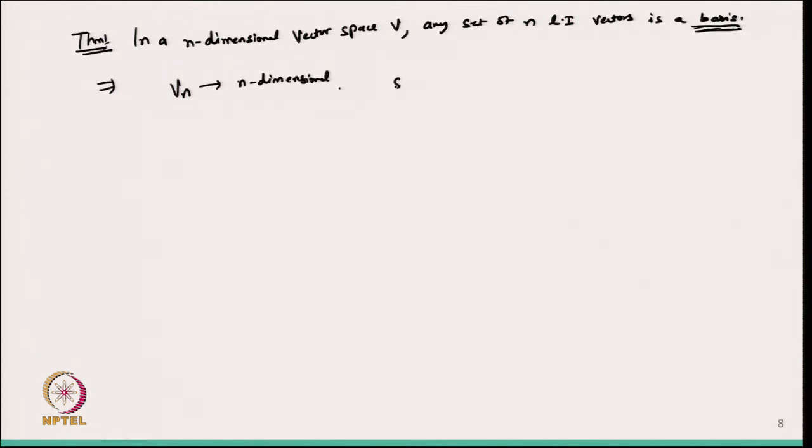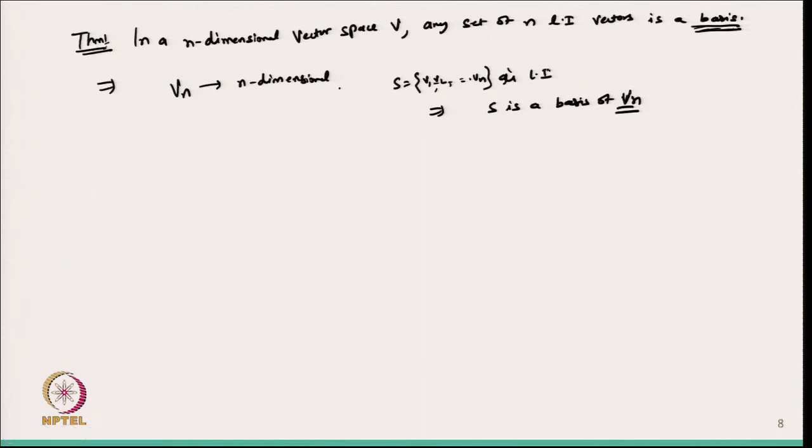If I take a set S which contains n number of elements, V1, V2 to Vn, and this set is linearly independent, then I can say that S is a basis of Vn.